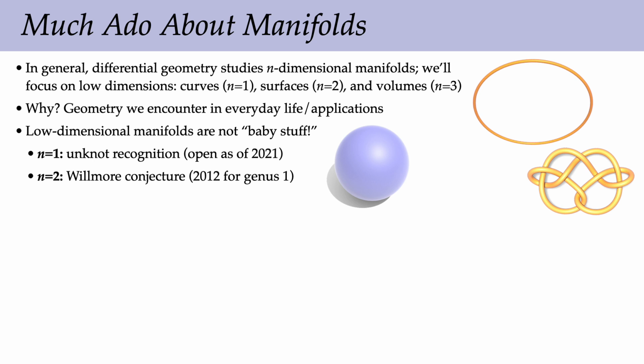Now, although it wasn't too hard to figure out that the round sphere is the minimizer of Willmore energy for genus 0, people worked very, very long and hard to figure out what really is the global minimizer of Willmore energy for genus 1, for a torus or a donut. And for a long time, there was this conjecture that it was probably this thing called the Clifford torus, which is just a torus with a certain ratio of radii.